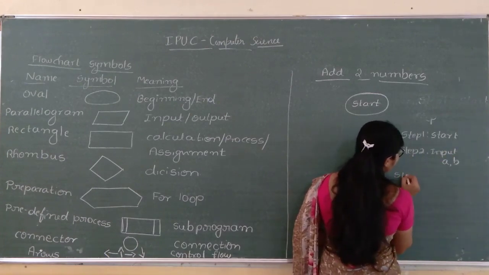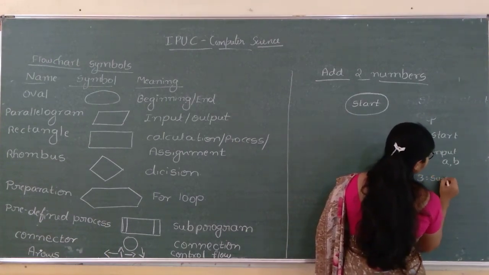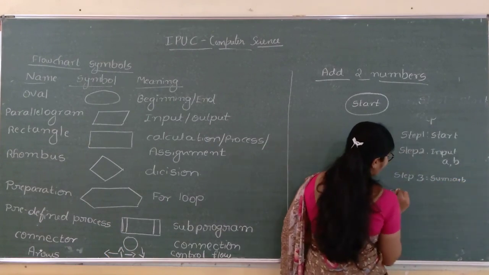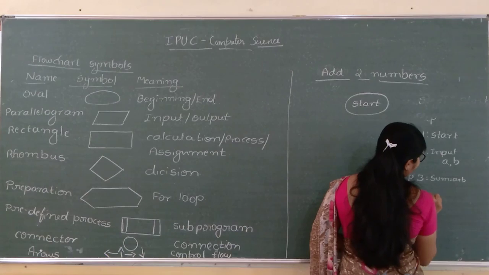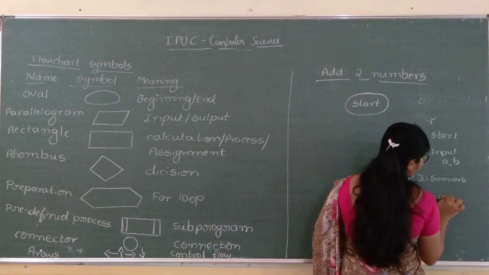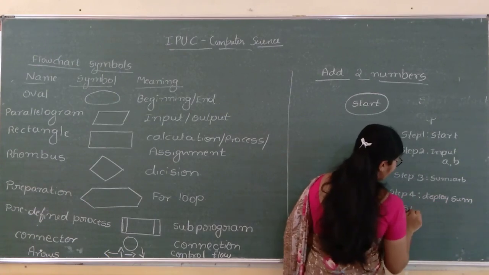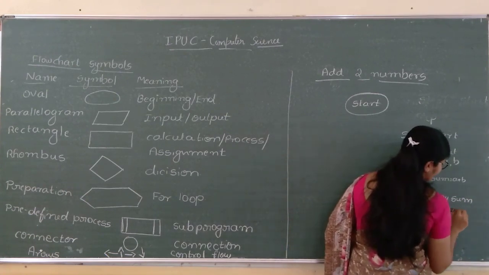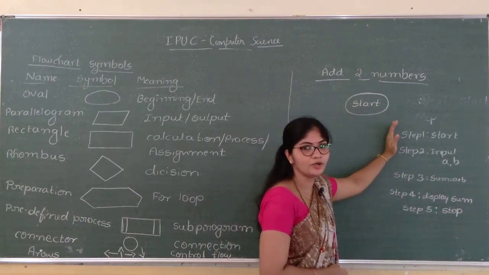Step 3, that is the calculation step, sum is equal to a plus b. Step 4, display the sum. Step 5, stop. This is an algorithm to add two numbers.